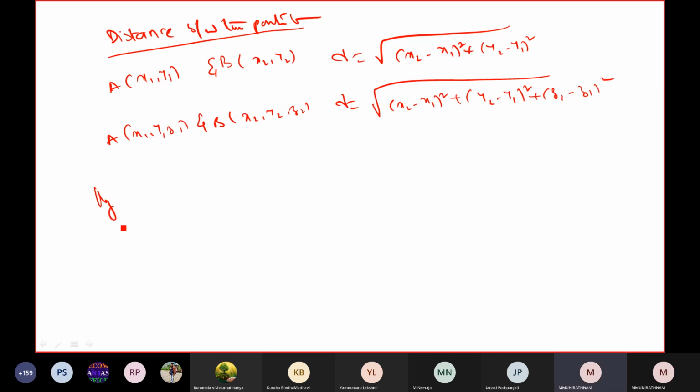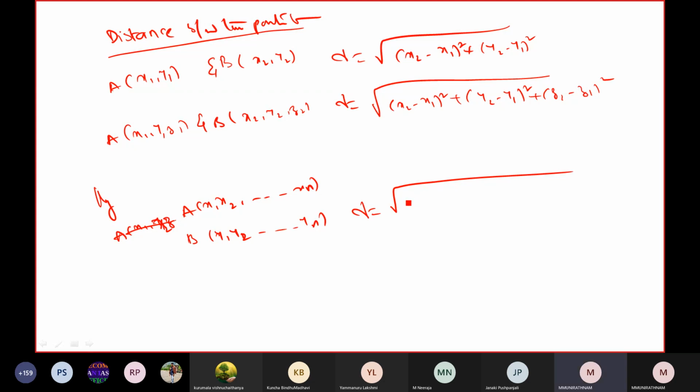Similarly, in n-dimensional space, take A as x1, x2 and so on up to xn, and B as y1, y2 and so on up to yn. Then what is D?